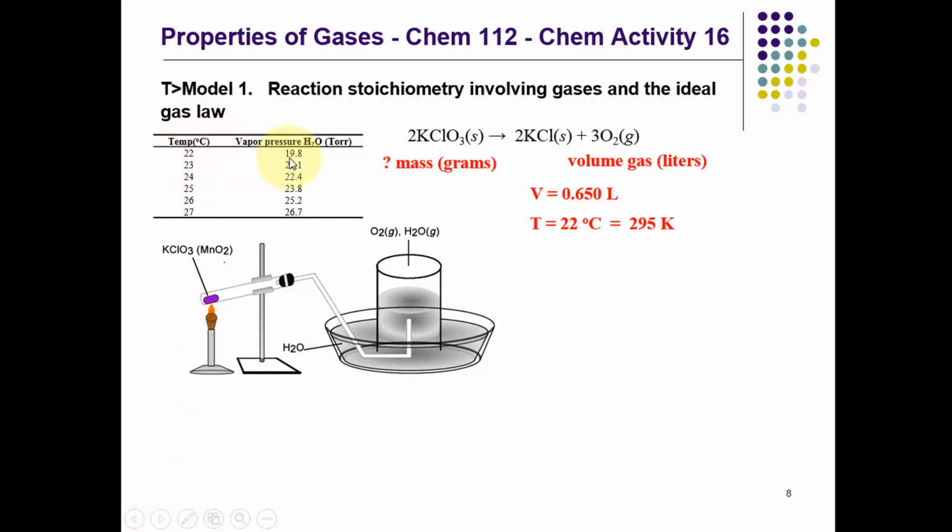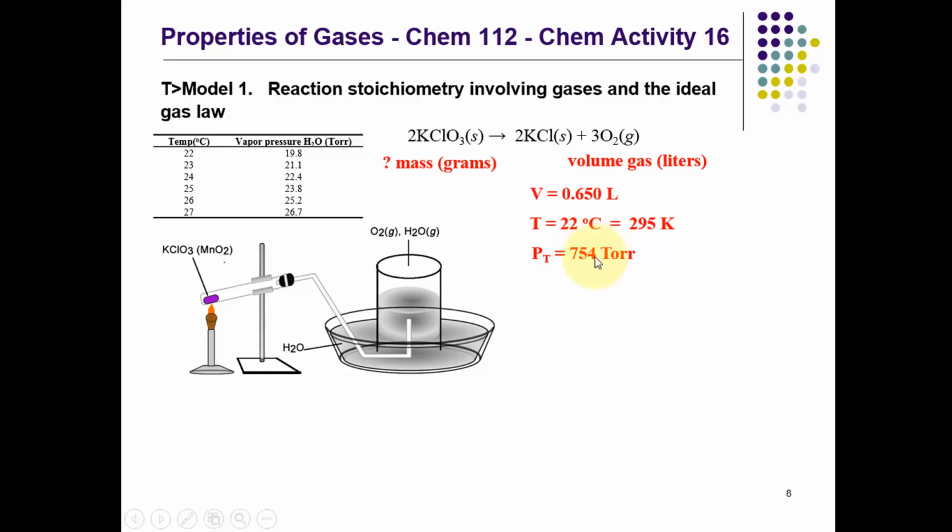22 degrees Celsius corresponds to a vapor pressure of water of 19.8 torr. So this means that this headspace will contain a vapor pressure of water of this 19.8 torr. Therefore, we can determine how much oxygen gas is actually present. And I'll show you how to do this by realizing that the total pressure we're told in this headspace is 754 torr.